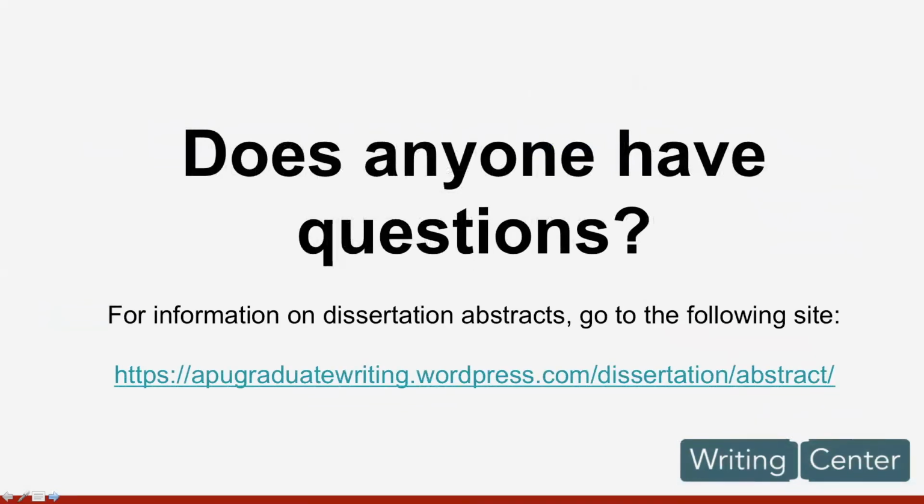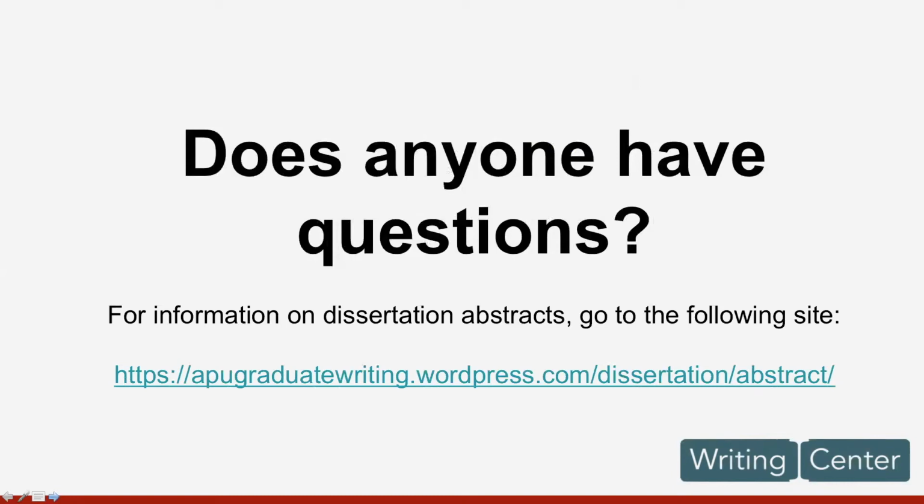And the other thing I wanted to do before we go on to the next part of the workshop is just give you some information on dissertation abstracts. Everything that I said in this workshop so far does apply to dissertation abstracts, but there are a couple of other things to consider when you're writing an abstract for your dissertation. For that information, I encourage you to go to our graduate writing website.